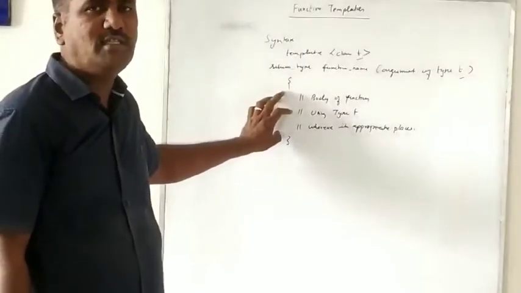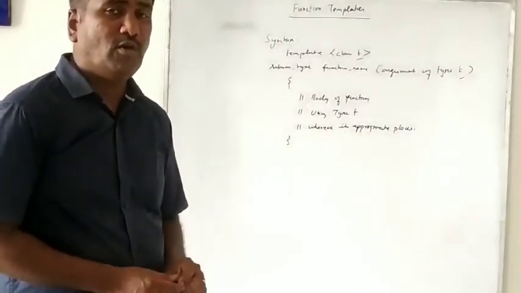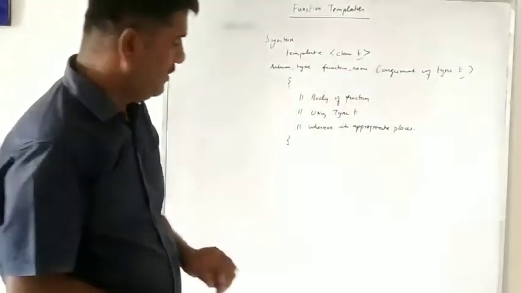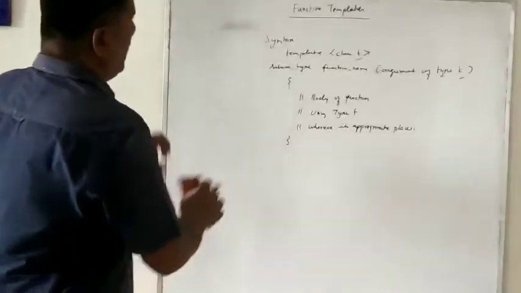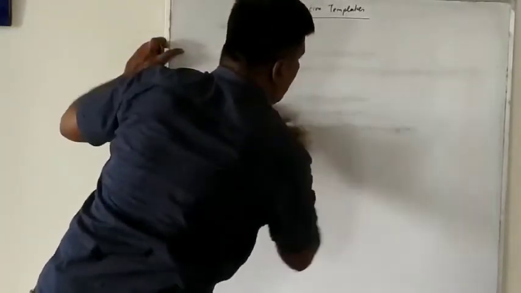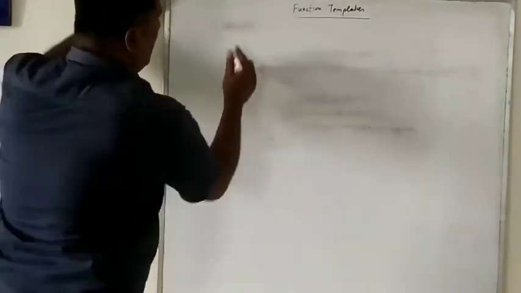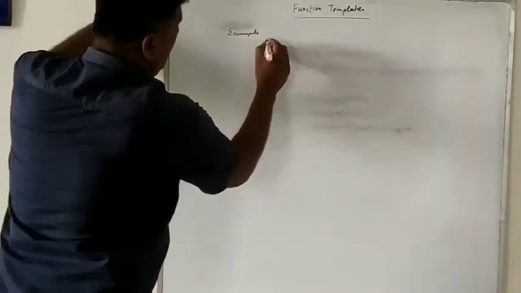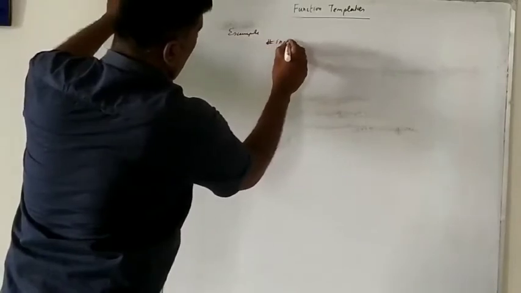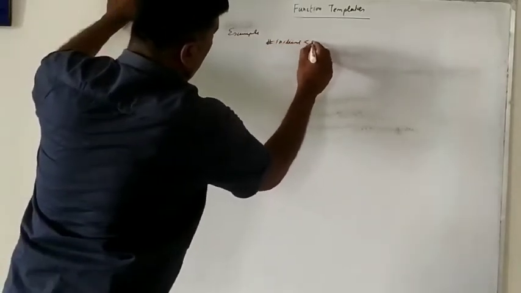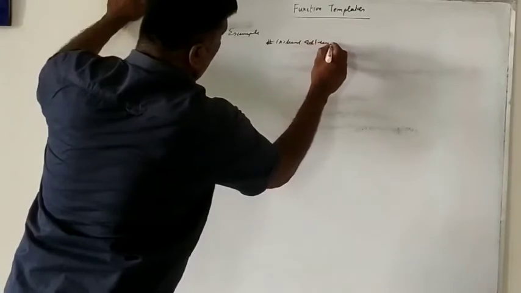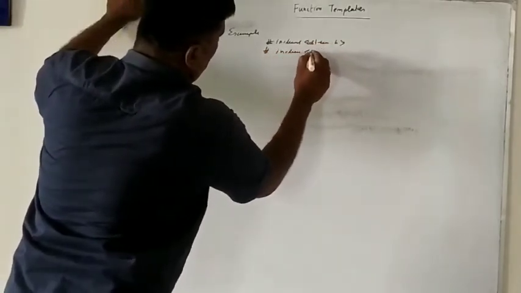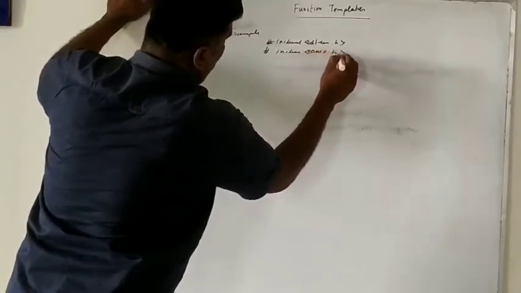Next we are going to see the concept of function overloading, which is used by default in object oriented programming, with one example. Include iostream.h, include conio.h.